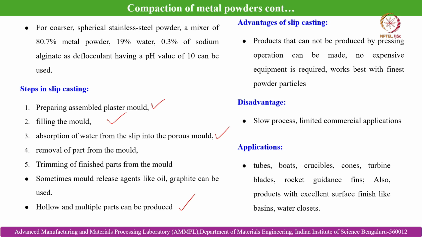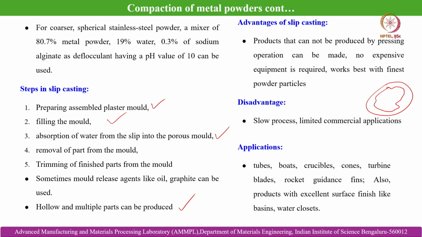So, the advantages are products that cannot be produced by pressing operation, that means parts having complicated geometry and also parts having hollow cavities of different irregular shapes. So, that can be achieved by slip casting, and no expensive equipment is required, and it works best with the finest powder particles. The disadvantage, as told before, is that it is a slow process and also labor intensive.